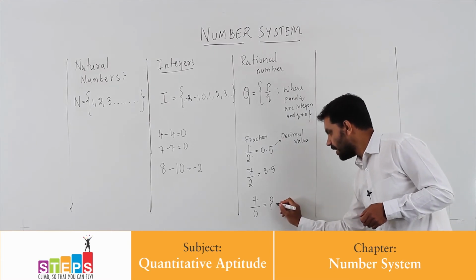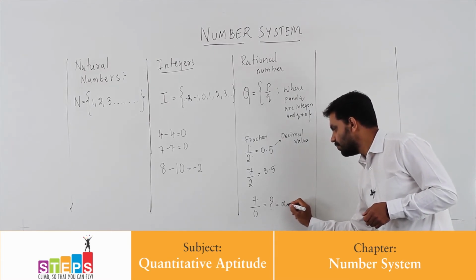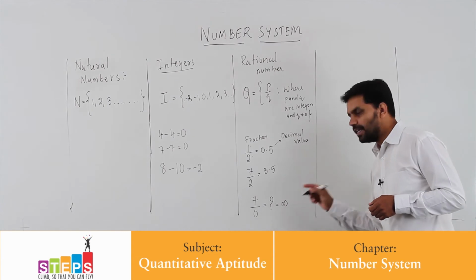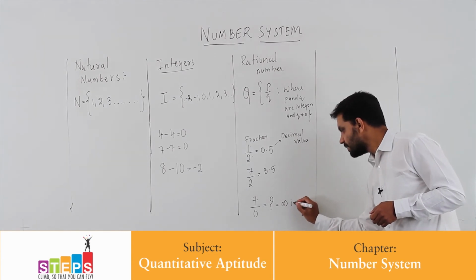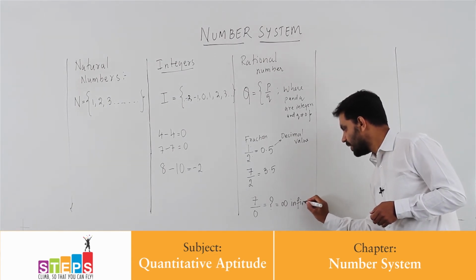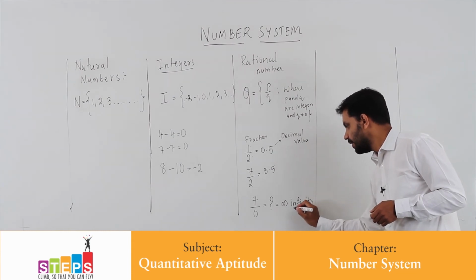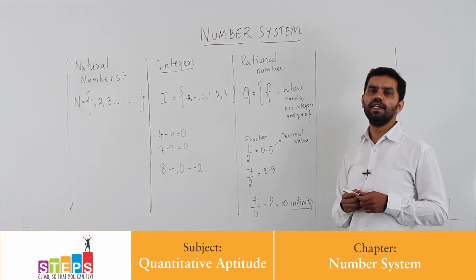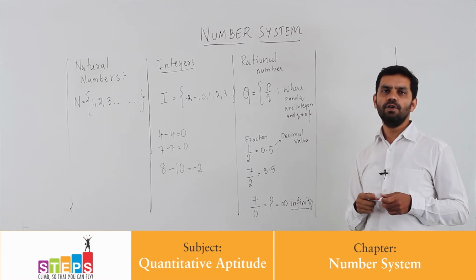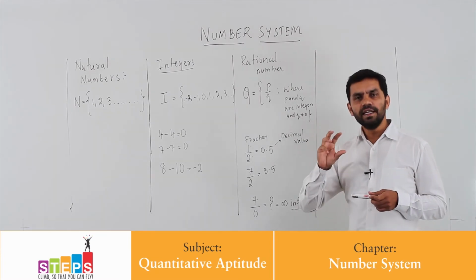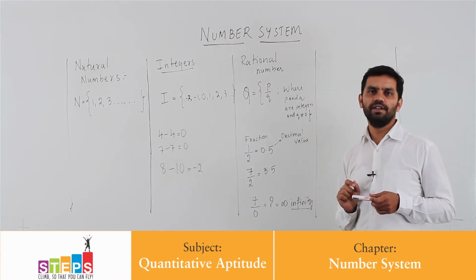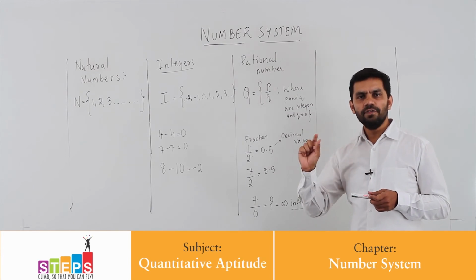That we call infinity. It is denoted by the symbol of a sleeping 8. Any number divided by 0 is termed infinity. It is considered as not defined.